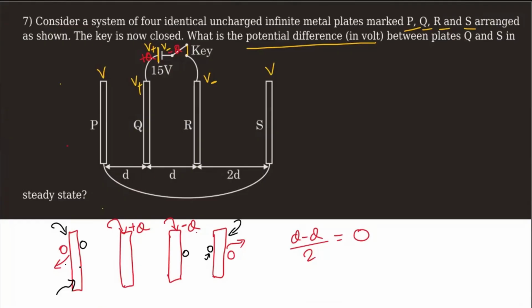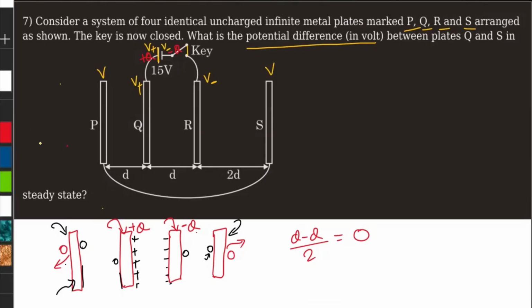Similarly, this surface is facing this one. If this has 0, this will have 0. But this has total plus Q, meaning all the plus Q will sit here. And here also all the minus Q will sit here. Done? So if there is no connection between P and S, we will get only one capacitor, that is this. But what happens after making this connection?